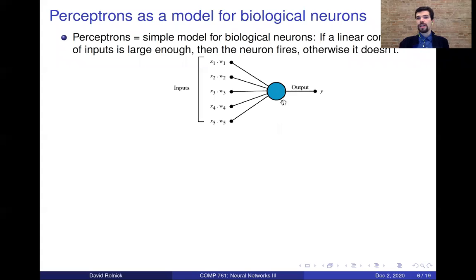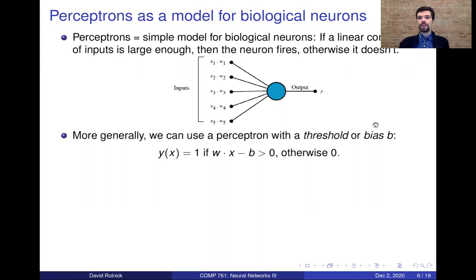If not, I don't. Now, what we were looking at was the situation where if this was positive, then I send one signal, and if it was negative, then I send another signal. More generally, you can imagine a perceptron with a threshold or a bias. So we've added now this constant term.